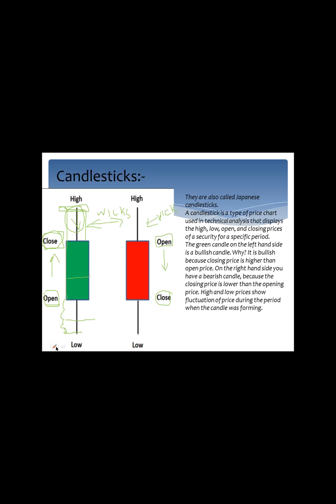Wicks signify rejections, and this is the big reason why wicks are important to find out support and resistance levels as well as targets and stop losses. I hope this is clear.